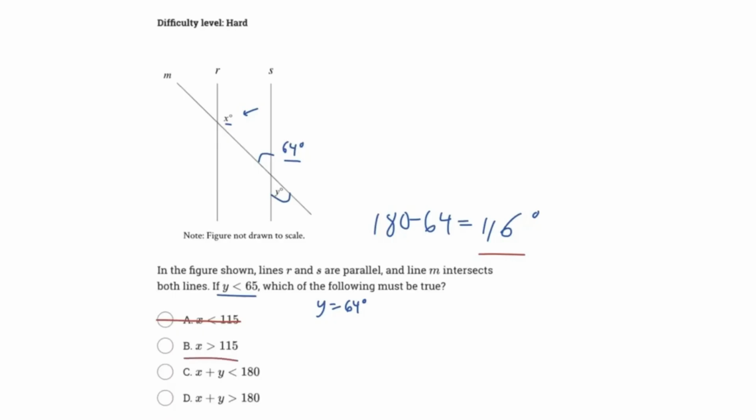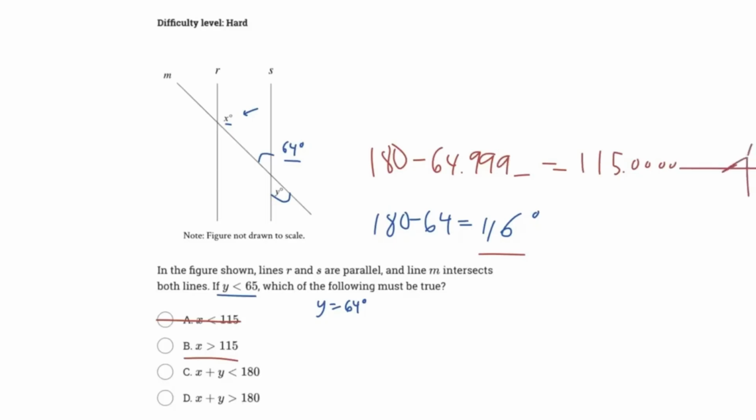B says X has to be greater than 115. Is that true? Well, we know that the biggest value of Y that we can have is 65, or not even 65, because it can't be equivalent to it. It would have to be like 64.999. And therefore, if we had 180 minus 64.999, etc., that would yield 115.0000, etc., 1, right?